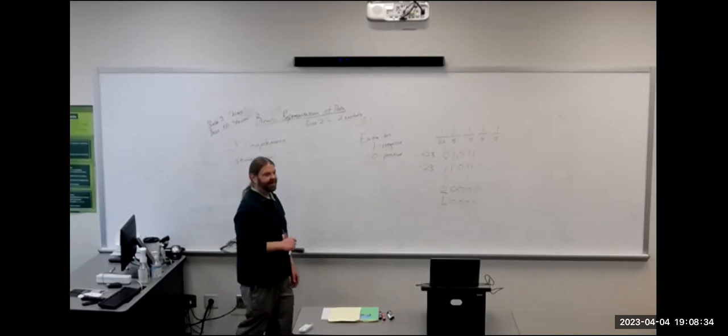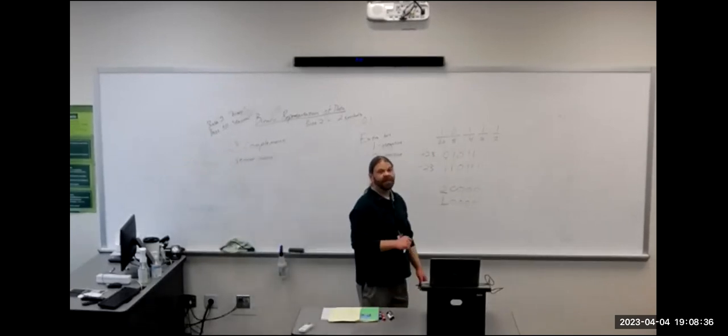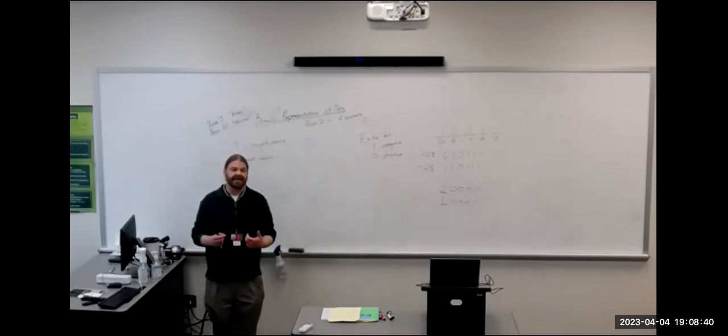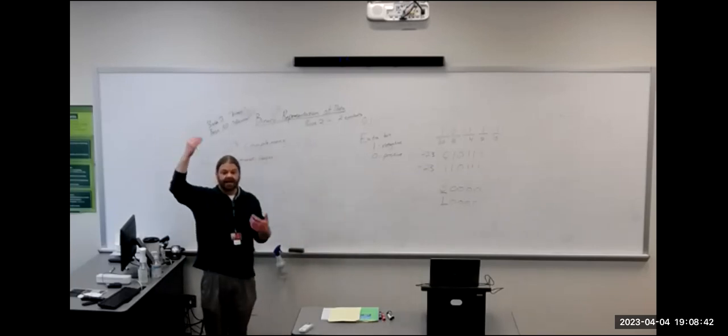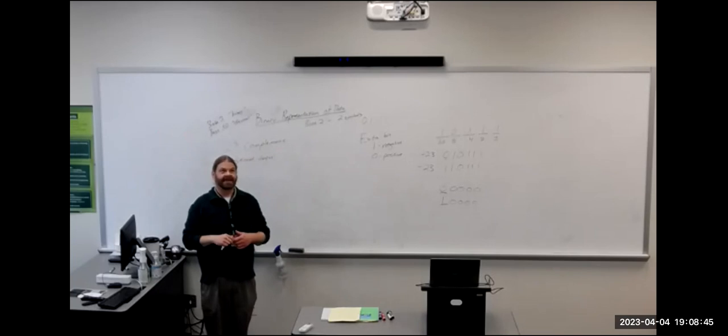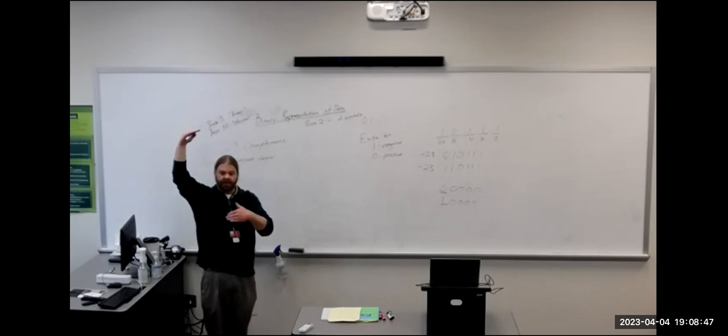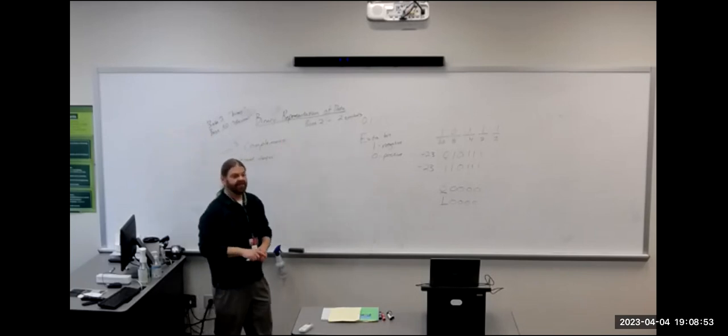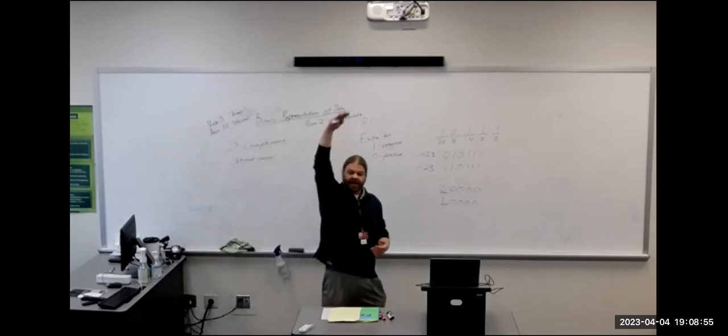Like what would be the complement in base 10? Well, the complement is always what it takes to get to our highest digit. So in base 10, our highest digit's a 9. So if we had a 7, the complement would be 2. If we have a 9, the complement would be 0 because we're already at our highest digit. If we have a 1, the complement's 8.